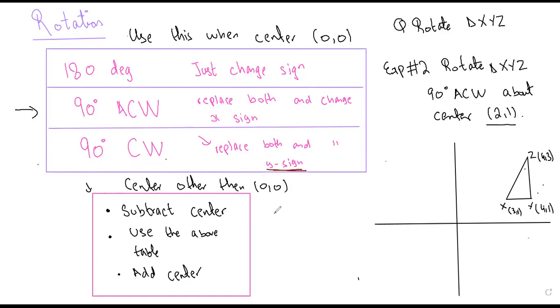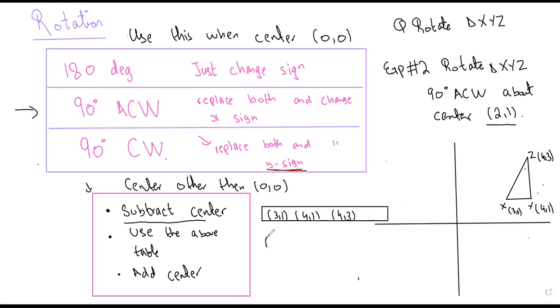Please pay attention. Okay. Step 1 is going to be subtract the center. Let's just write down all the coordinates that we have. So we have 3, 1, then we have 4, 1, and then we have 4, 3.